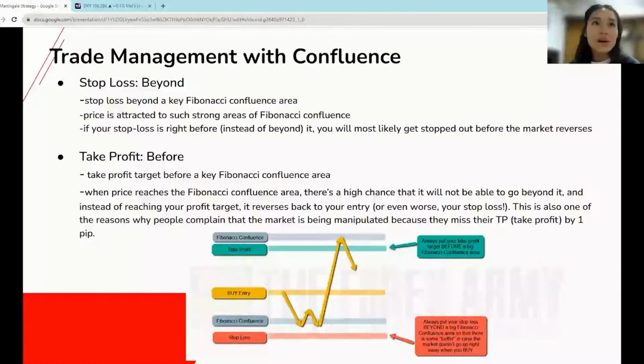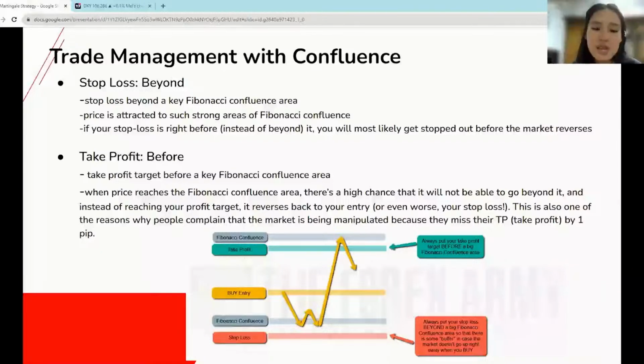Firstly, we have trade management with confluence. This is super important for any kind of trade, even if you're not using the martingale strategy. Stop loss is typically placed beyond a confluence area. If you're wondering what exactly a confluence area is, it's basically where different support and resistance levels match up with Fibonacci or your moving average.